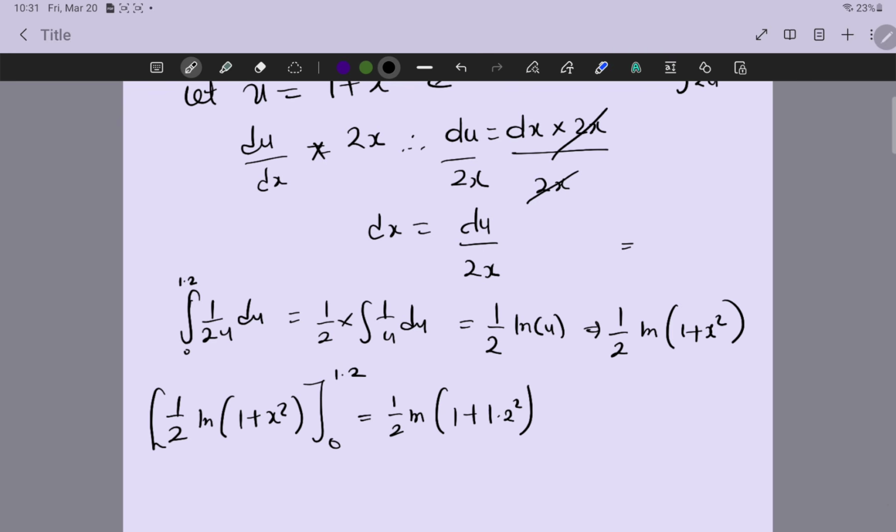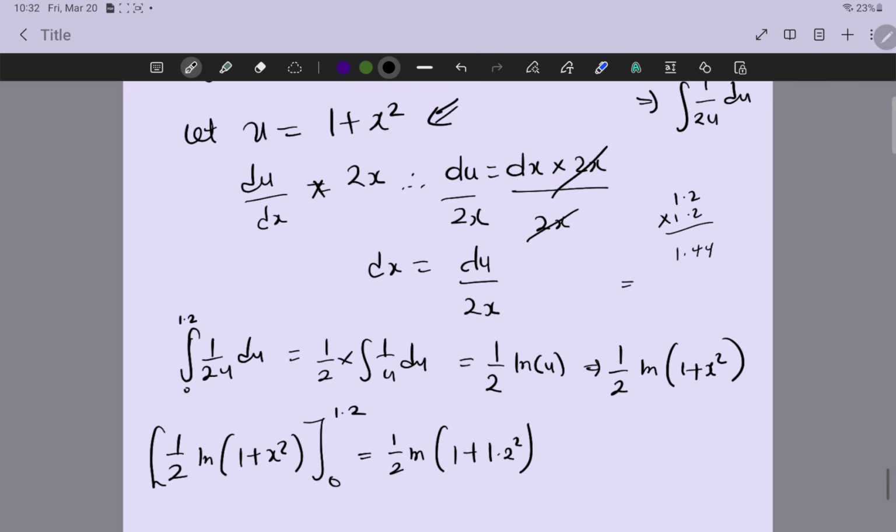So 1 plus 1.2 squared, because 1.2 times 1.2 is 1.44.